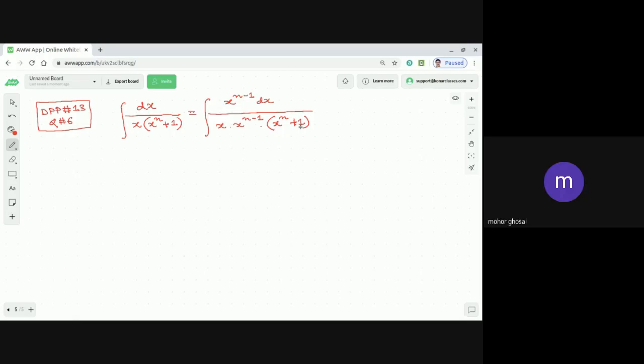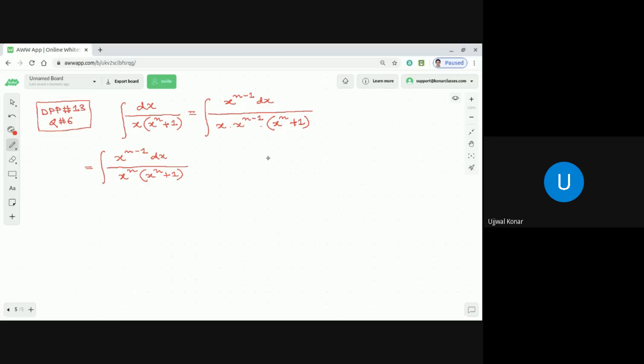Yes. So then what it actually becomes? This is equal to integration x to the power n minus 1 dx divided by x to the power n into x to the power n plus 1.